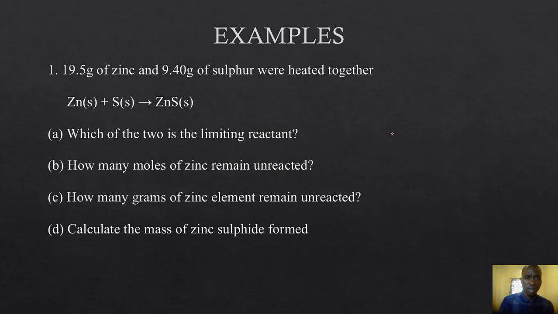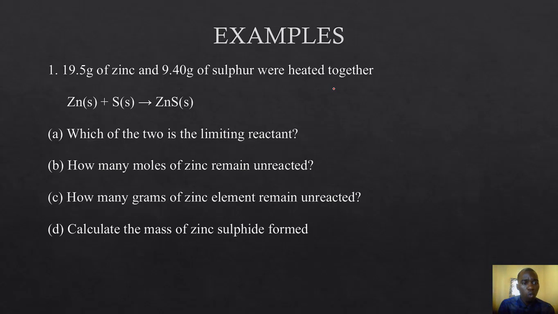Alright, let's look at an example here, how we can handle this knowledge that we have just been taught. So we are saying 19.5 grams of zinc and 9.4 grams of sulfur were heated together. I hope people have got calculators and periodic tables nearby. You need those to understand this.